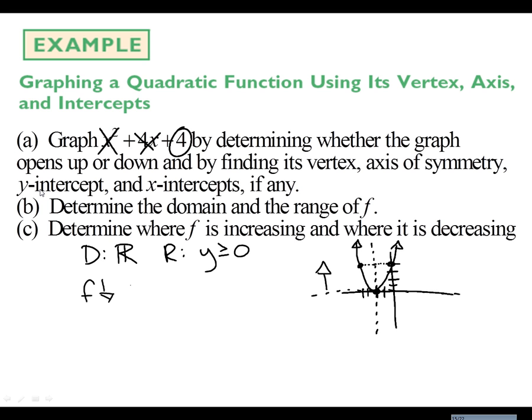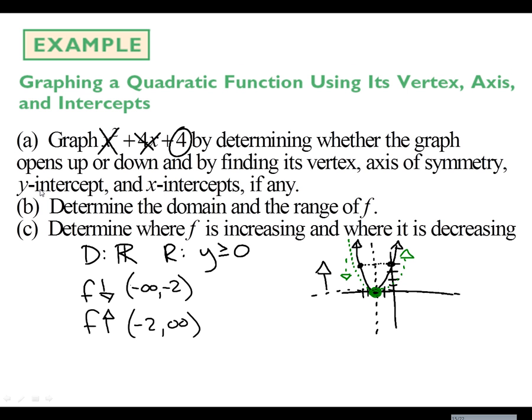As we move along here, we are going down until we hit the vertex. So our function is decreasing from negative infinity all the way until we hit our vertex at negative 2. And then we're going to turn around and grow. So from negative 2 to infinity, our y values are increasing.